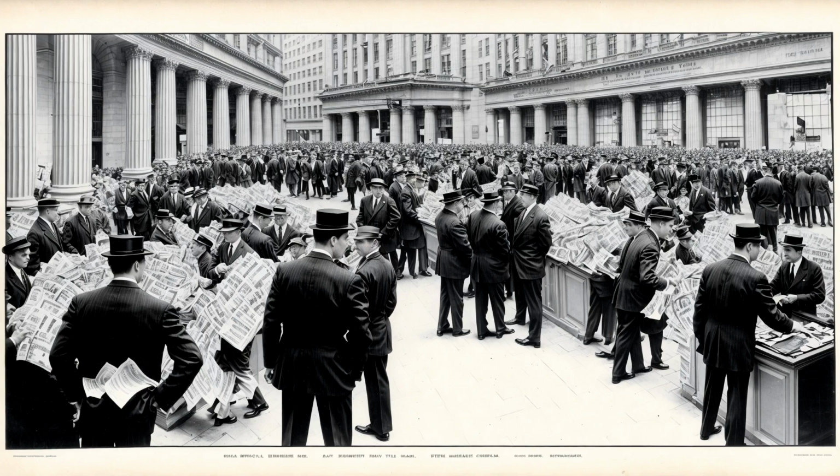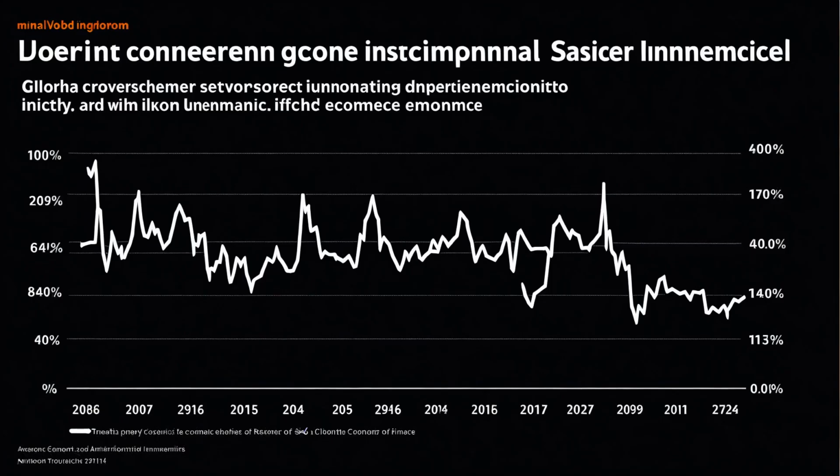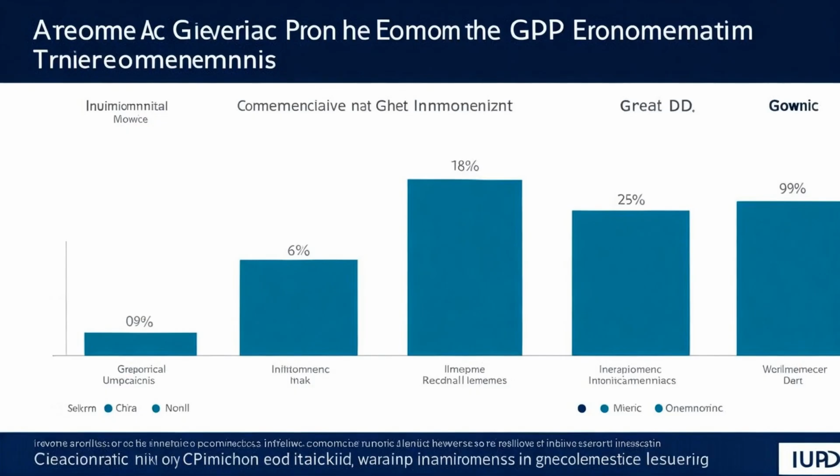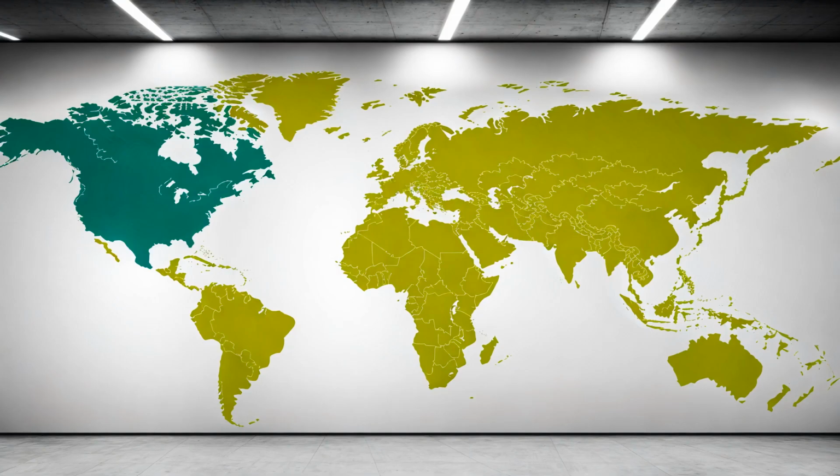worldwide. The effects of the Great Depression were not confined to a single nation, my dear mommies. But no, the global economy suffered a tremendous blow, with the estimated global GDP dropping by a staggering 15% between 1929 and 1932.